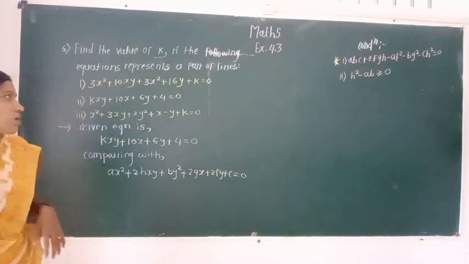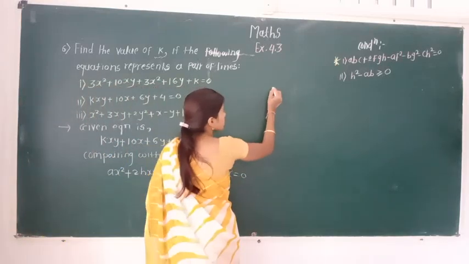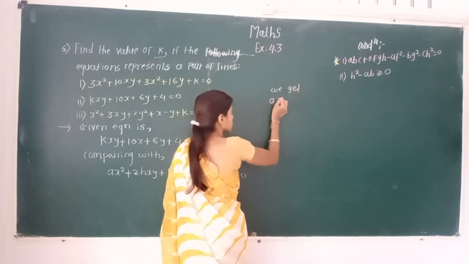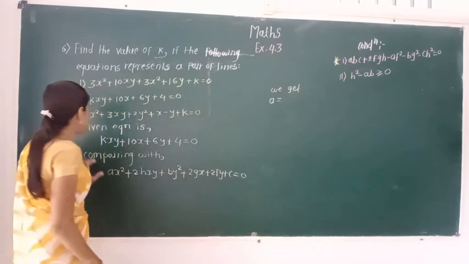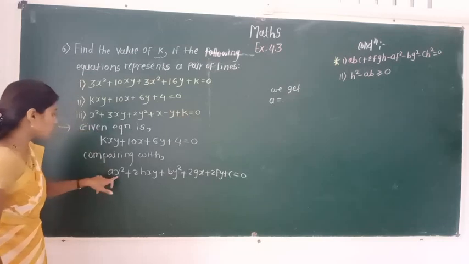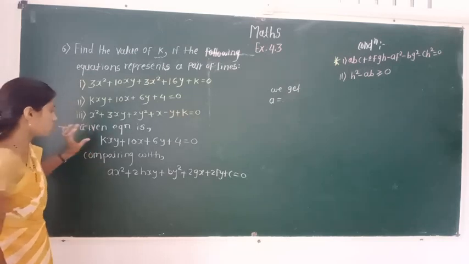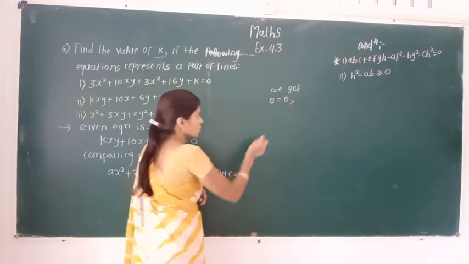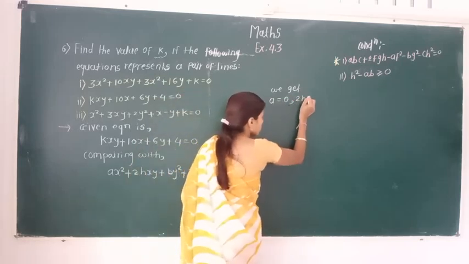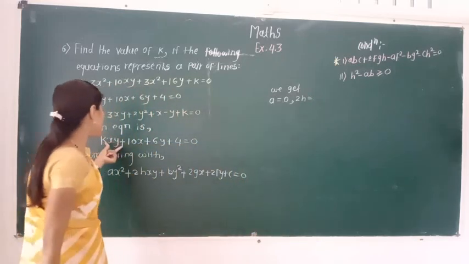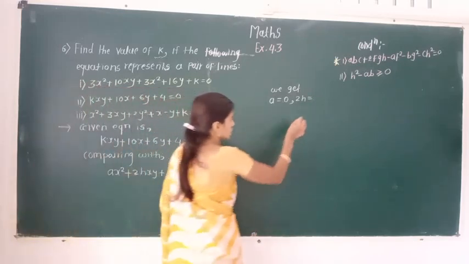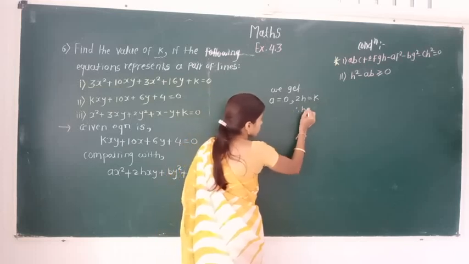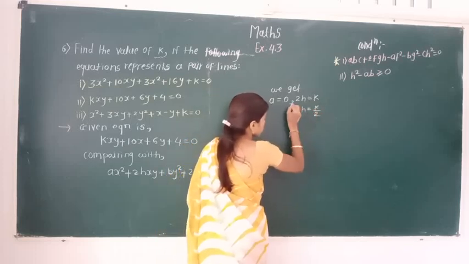Now we can write value of A. The coefficient of x square term is absent in this equation, so take the coefficient of x square as 0. Then coefficient of xy is 2h and coefficient of xy is here k. So simplifying this, we get the value of h is here k by 2.